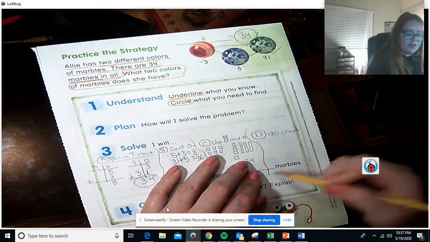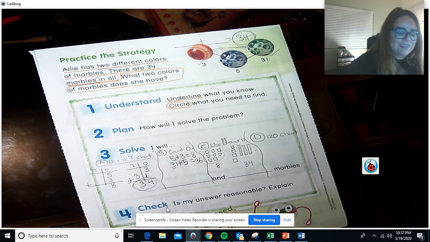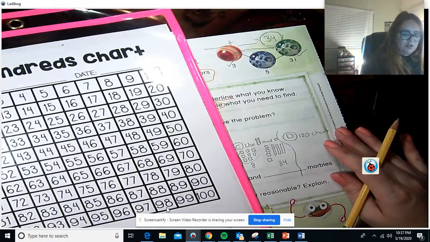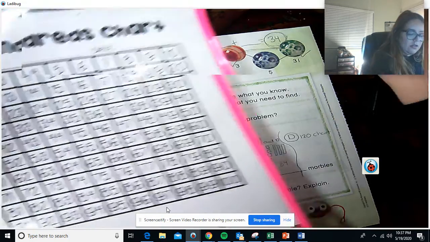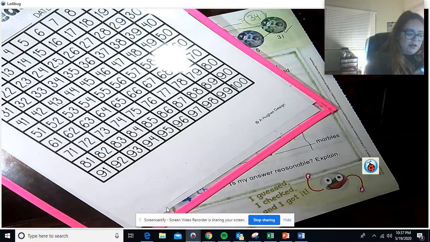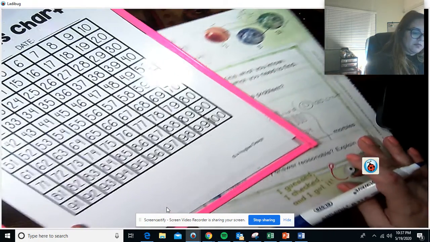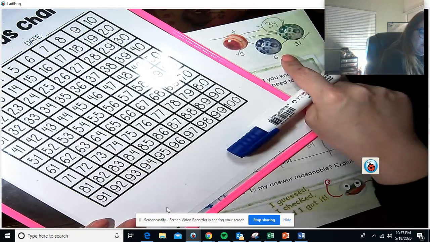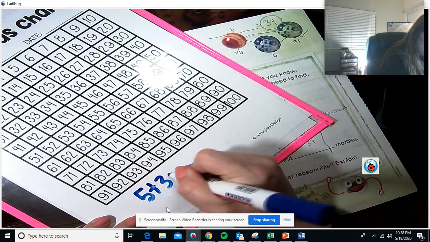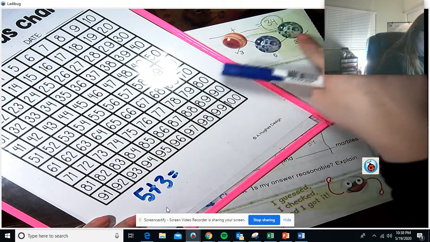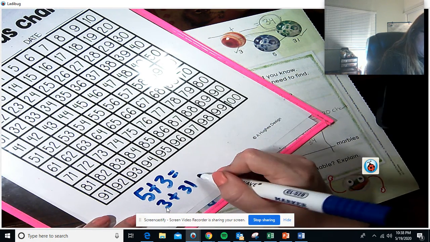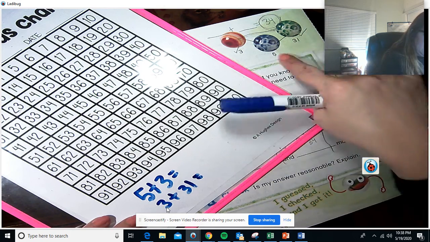Okay, or the last way that you can solve this is by using your hundreds chart. Okay, you can try the different combinations. So you can write them out on your paper. So we're going to do 5 plus 3, then 3 plus 31, and 31 plus 5.